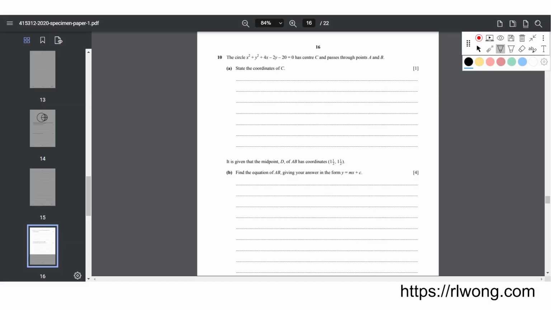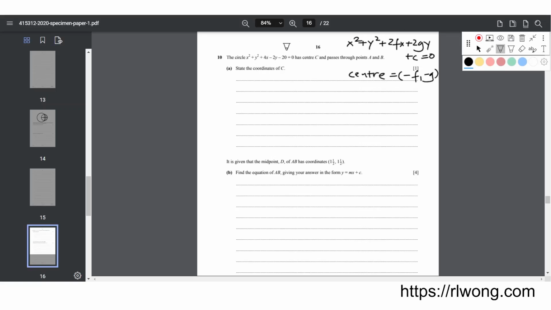So recall that if you have a formula for your circle, x squared plus y squared plus 2fx plus 2gy plus c equals 0, then your center occurs at (minus f, minus g), right? Okay, so they ask you to state the coordinates of C, which is the center.